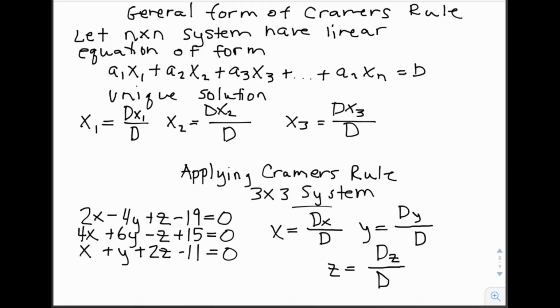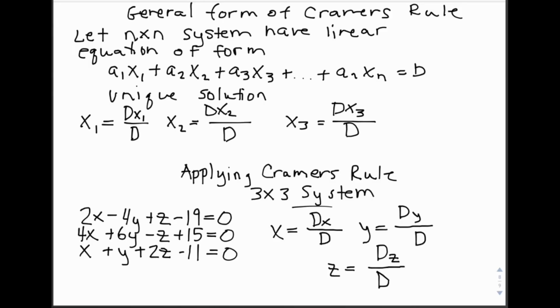In our example, we'll have that be the x value. And then we can have x2 equal to the determinant of x2 divided by the determinant. Again, for our example, we'll have that value be y. And then finally, for our example, we'll let that x3 be a z. So then we can have the determinant of x3, or the determinant of z, divided by the determinant.